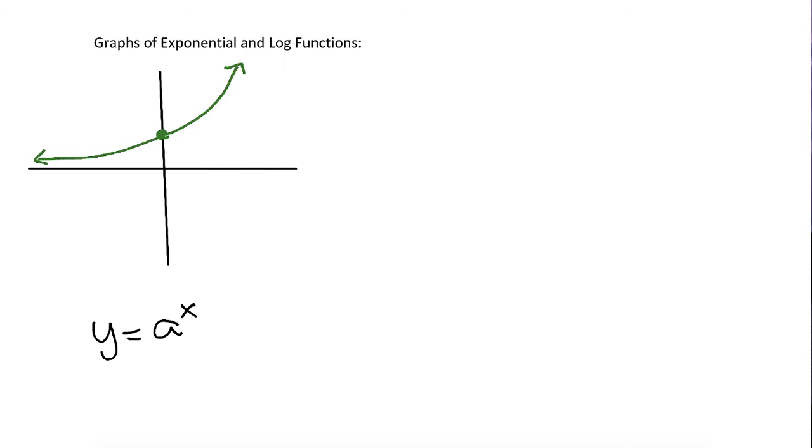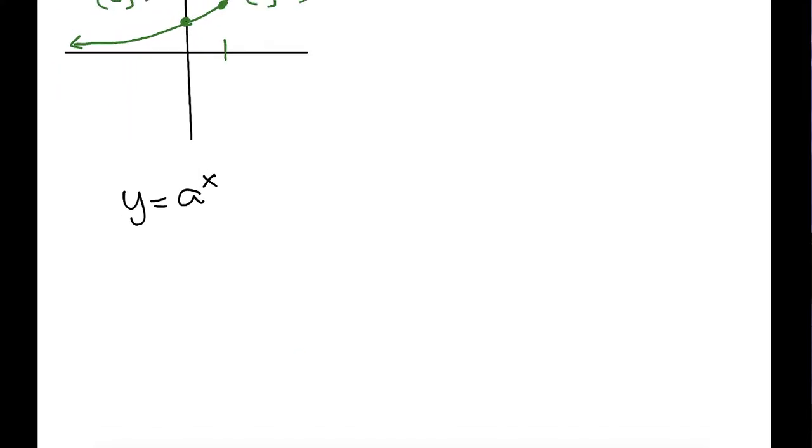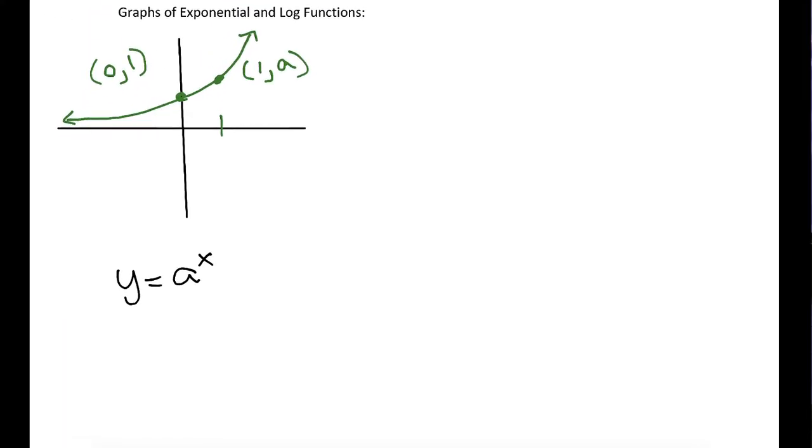It always goes through the point where x equals 0, y is equal to 1. That's because anything to the 0 power is 1. It also has a feature that if you go over to 1, this point is 1 comma a. You could do exponential decay and it just flips it over.